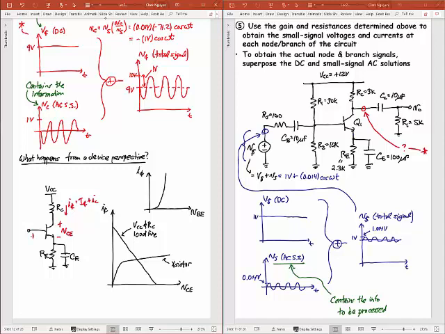Across here I have little v, capital BE, my total VBE, and that we know is equal to my large signal DC VBE plus my small signal sinusoid. So this thing right here is an AC sinusoid.